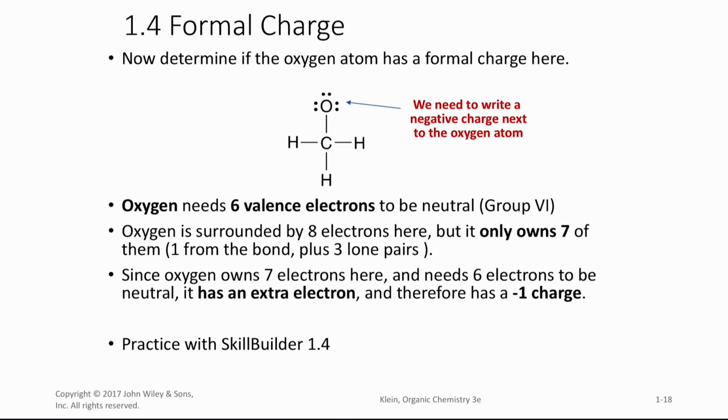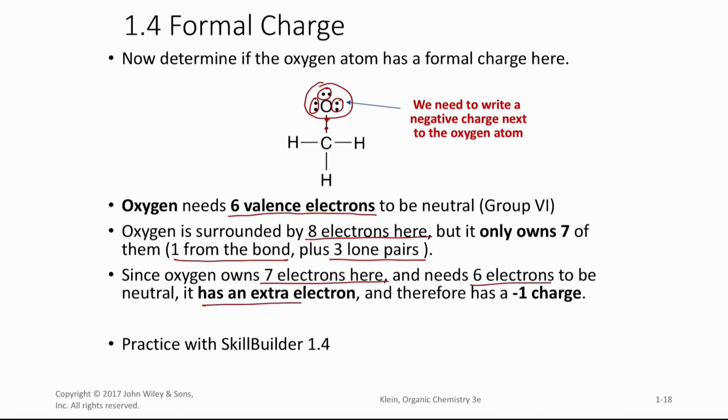Now let's take a look at the oxygen here. Oxygen originally has 6 valence electrons, but oxygen is surrounded by 8 electrons. Notice here that this is 1, 2, 3 and the bond represents 4. So that's about 8 electrons. But how many does it own here? It only owns 7 of them, because notice that there are 2 electrons in the bond, which means that only one of the electrons is owned by the oxygen. So there is only 1 from the bond and it has 3 lone pairs. So the oxygen owns 7 electrons, but its valency is only 6 electrons.